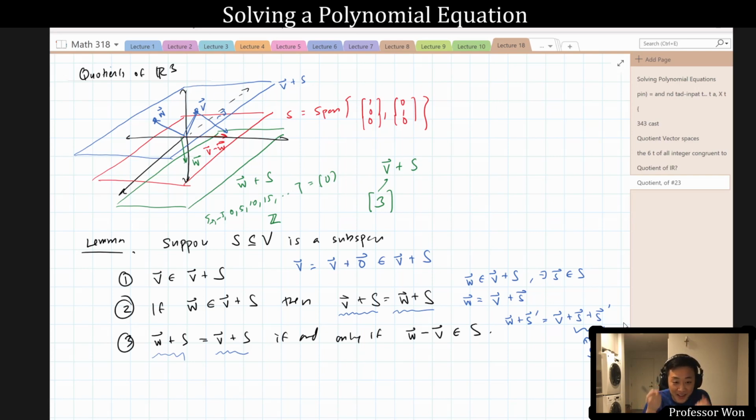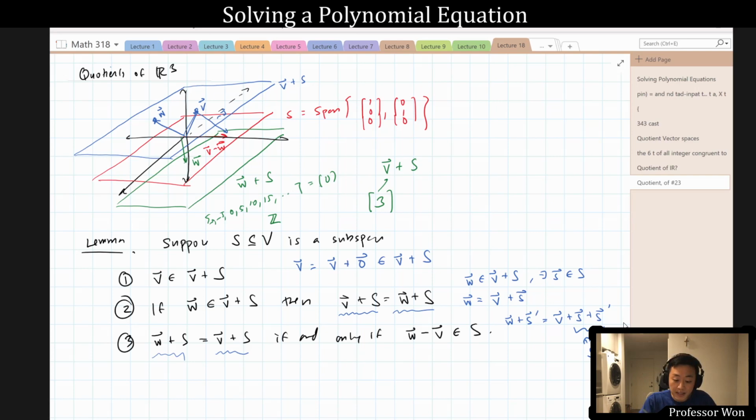Okay, so what this lemma is going to set up is the ability to take the set of equivalence classes of vectors, in other words, the set of all of the parallel planes, and be able to add planes instead of adding vectors. Just like in the integer case, instead of adding integers, you can add equivalence classes of integers.